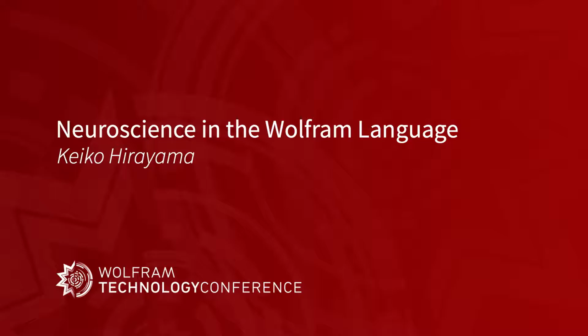In this talk, we are specifically looking at data that has been added to the Wolfram knowledge base to demonstrate how we could analyze and illustrate the structure and function of the human nervous system, all in the Wolfram language. And it's also part of our ongoing effort to expand this knowledge base in life science and medicine areas, as there is growing interest, especially among students in those subject areas.